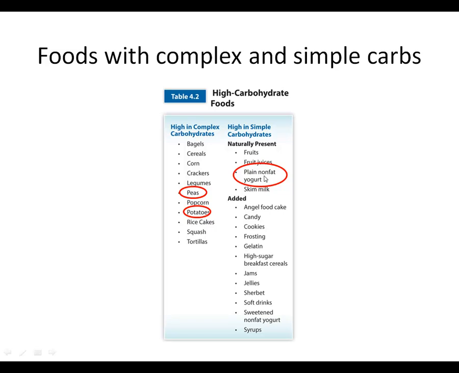Then simple carbs: there are some foods that have simple carbs because they're naturally present. We talked about how milk products and also fruits are the sources of these simple carbs in the natural world. And then of course all of the foods that we make by adding simple carbs to them to sweeten them.